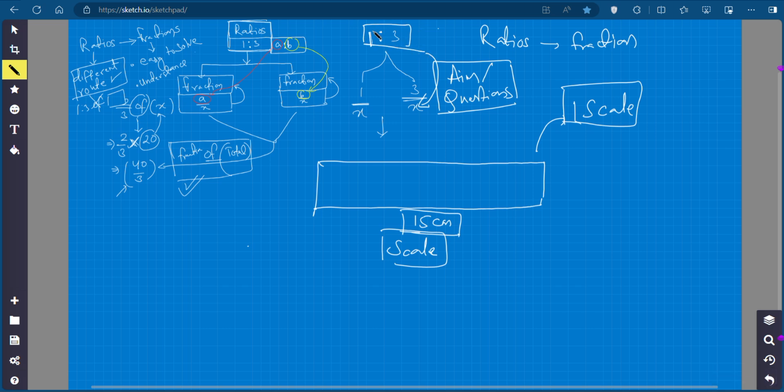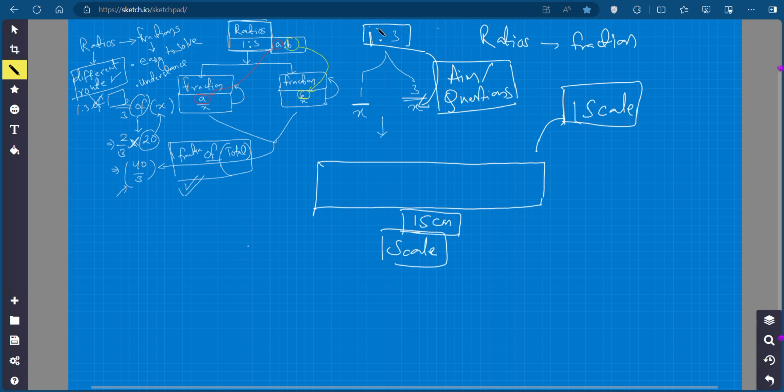It means, whatever part you take, this student suddenly thinks, let me break this scale such that I can keep one part of it and give the three parts to my friend. I mean, this is not a real world scenario, but imagine a person doing it.